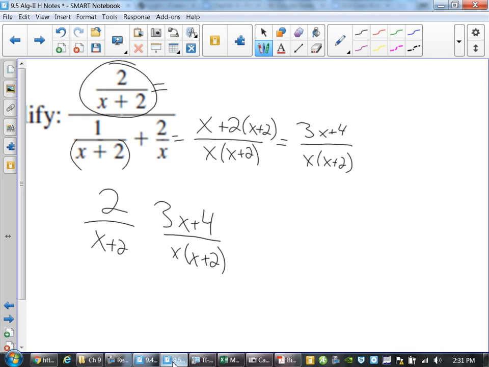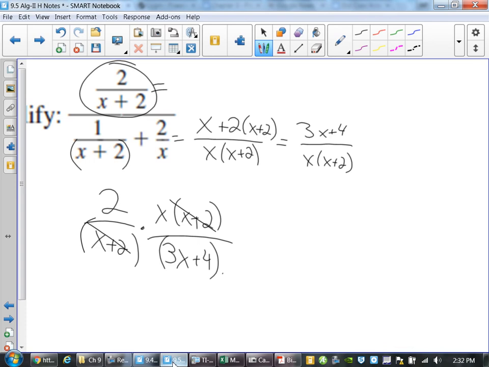So when I flip this, and if you're comfortable enough just flipping it right away, go for it. No problem. Now you're all set up in terms. Everything here is a term. You can simplify out. And you are done. There's nothing left to take care of.